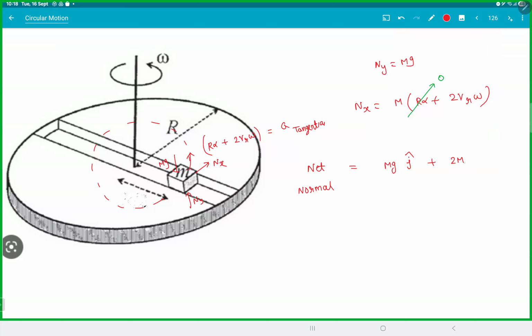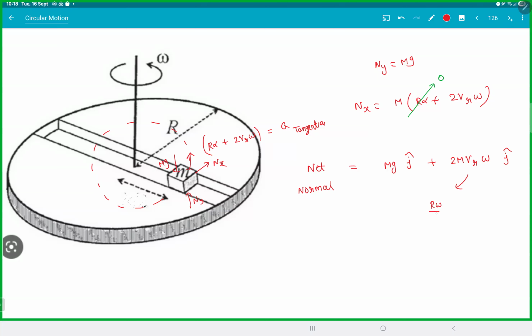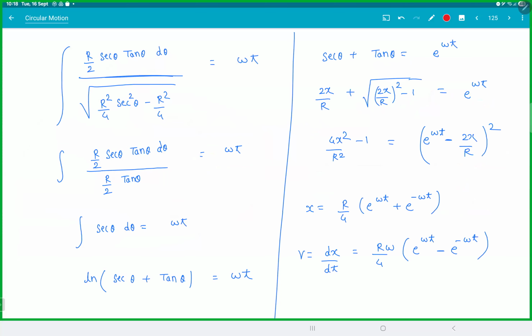So you'll simply end up with 2m v radial omega. And v radial is this one, r omega by 4. Substitute there and you'll get the second answer.